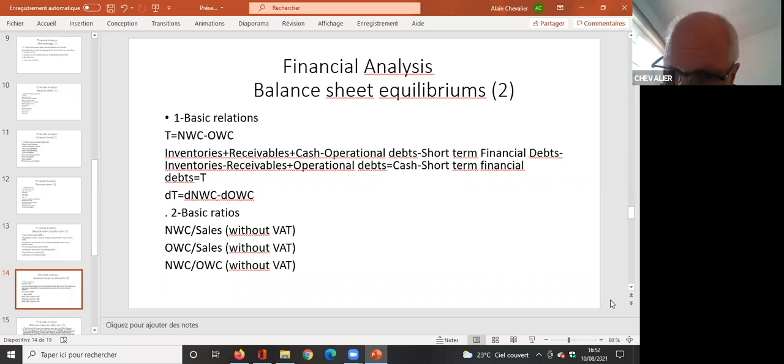And of course, if you increase this ratio, it is safer and will reduce liquidity and solvency risk. On the contrary, if you decrease this ratio, you get more risk in terms of liquidity. So remember, this is a problem of balance between liquidity and solvency risk and return management.